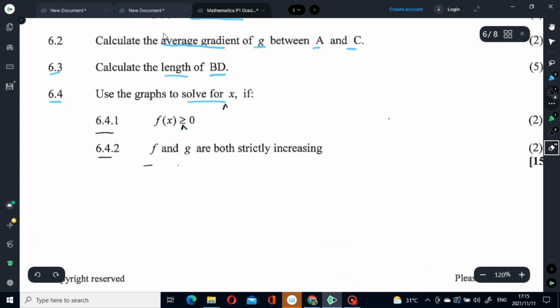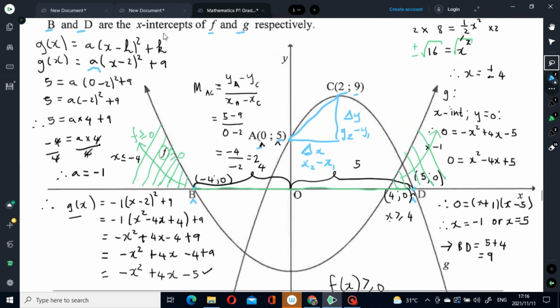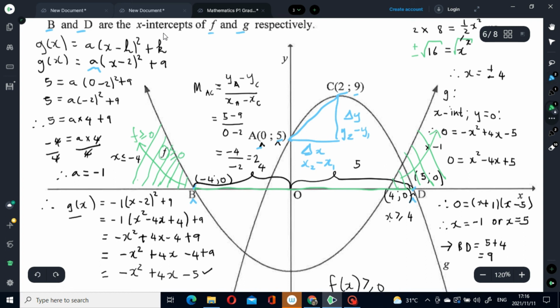So f and g are both strictly increasing. So let's try and find that region for which both functions are increasing, right? And remember, turning points are not where functions increase. So the turning points for both functions are not included, right? So let's look.